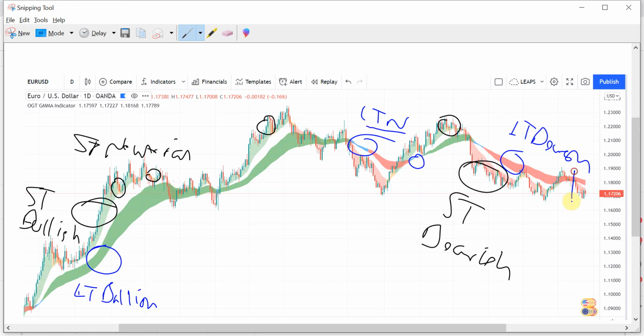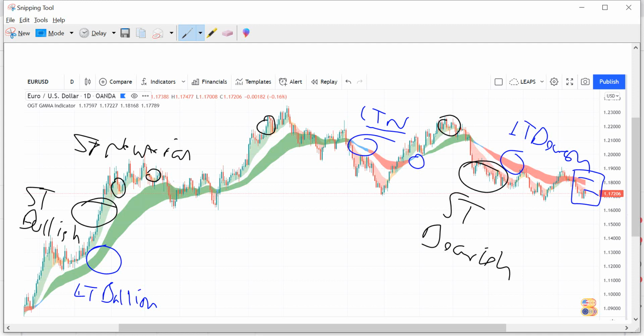As you can see over here at the current price action of this week's daily close, we've got dark red and we've got light red. So the short-term investors are bearish and the longer-term investors are also bearish. So this is signifying from a technical perspective that it's a very strong trend.